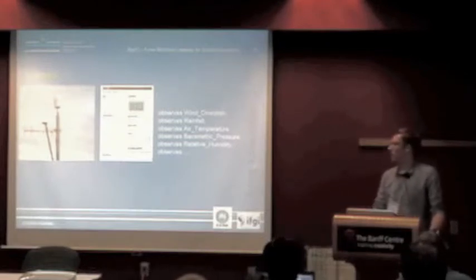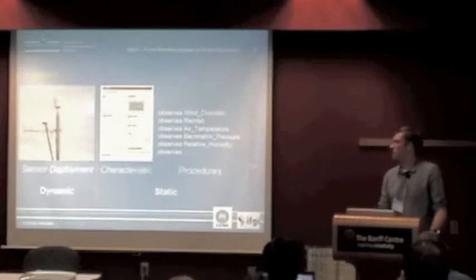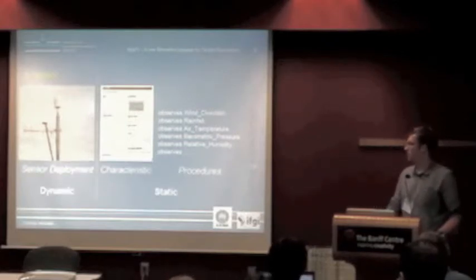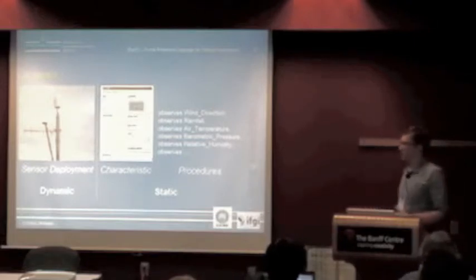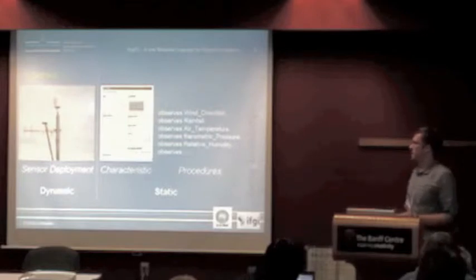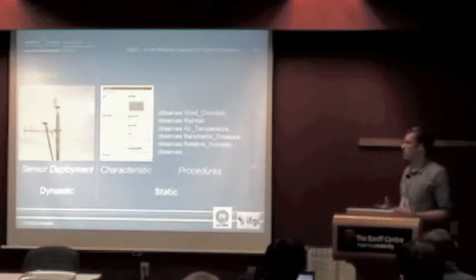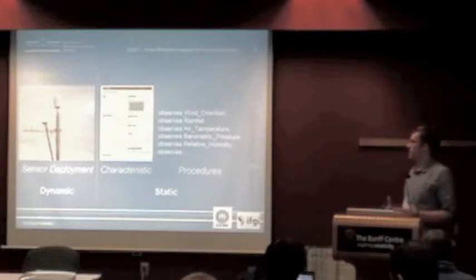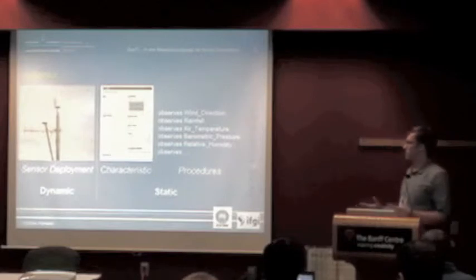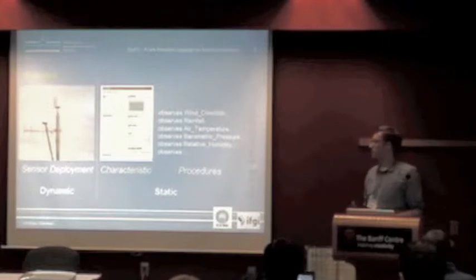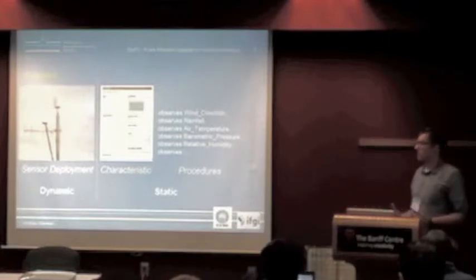So we had a closer look at what a sensor is, and we identified two core parts of what a sensor is: a static part and a dynamic part. The static part is that for a sensor model, often there is a sensor attribute sheet where all the information about what a sensor model is, or the measurement capabilities, or what a sensor observes, is described.